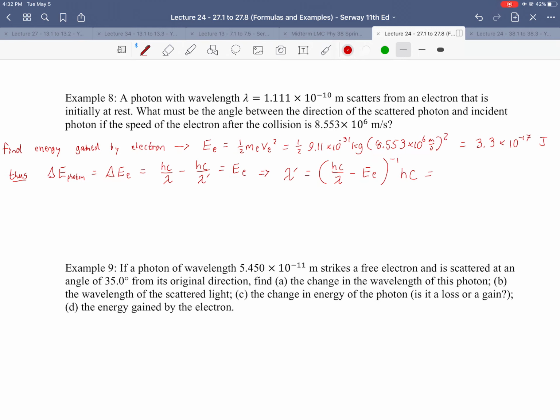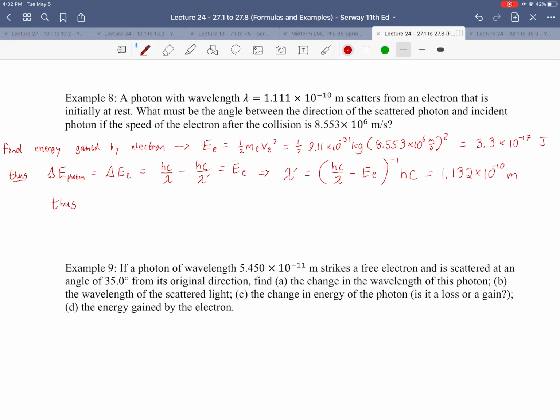I won't plug in the numbers here in the interest of space, but we know all the values: the wavelength, Planck's constant, the speed of light, and the energy of the electron that we solved for. We end up with a wavelength of 1.132 times 10 to the -10 meters. So indeed it's a longer wavelength, because now the photon has become a lower energy photon. It gave up some of its energy.